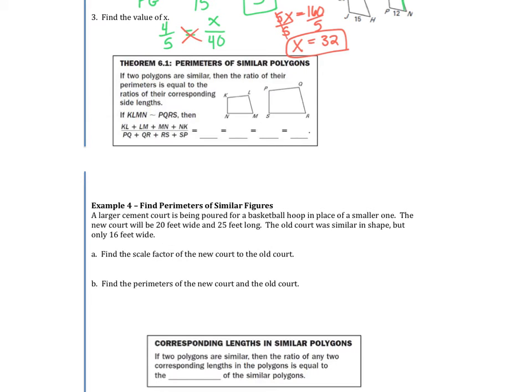All right, and then the perimeters of similar polygons. This just says that if two polygons are similar, when you add up all the sides and get the perimeter, it's going to be equal to the other fractions of the corresponding sides.